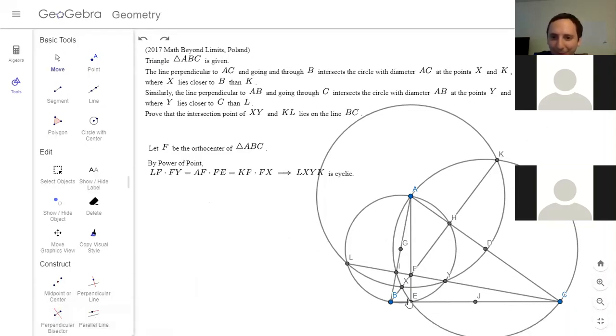Okay, so we want to show that BC is the polar of F with respect to this circle.